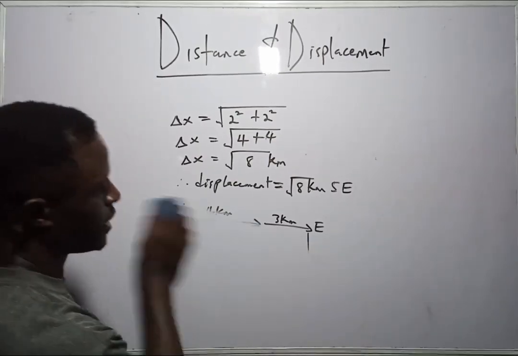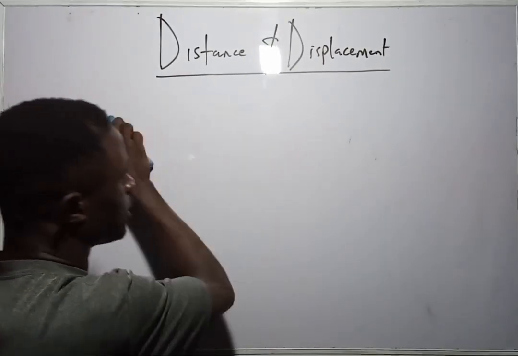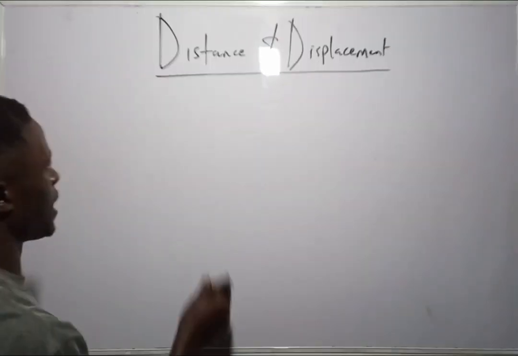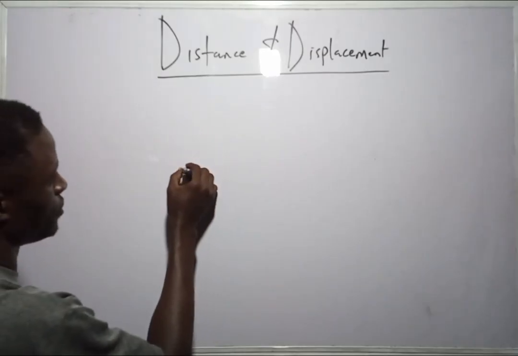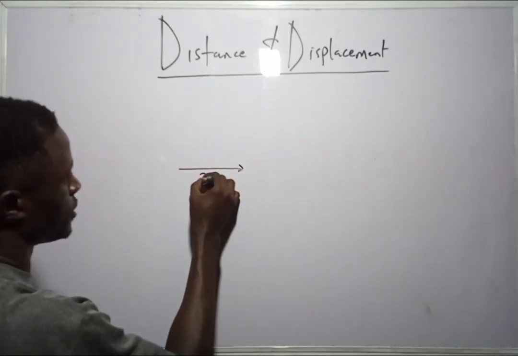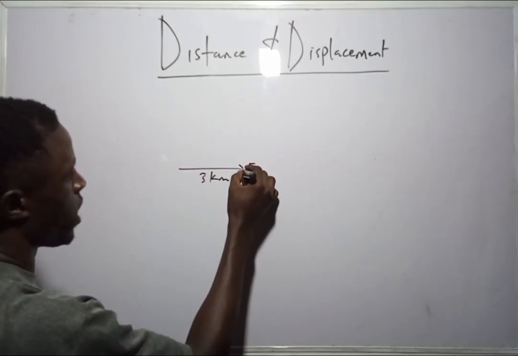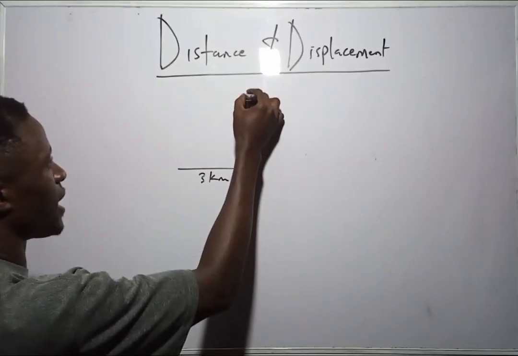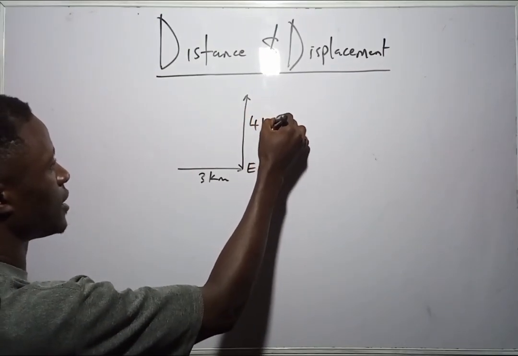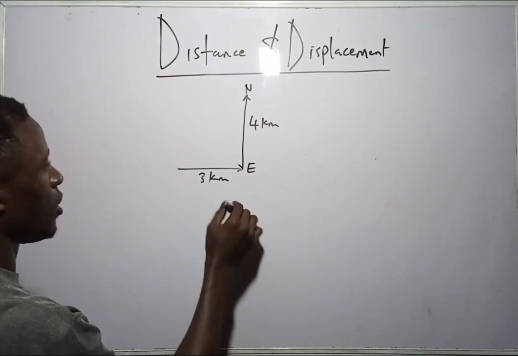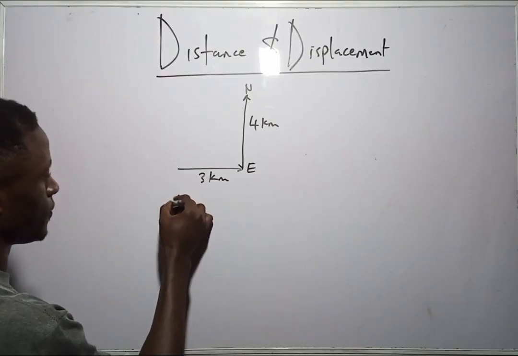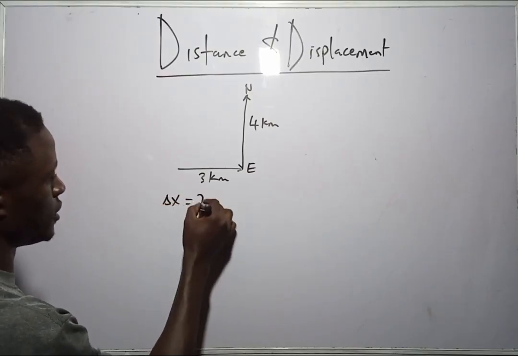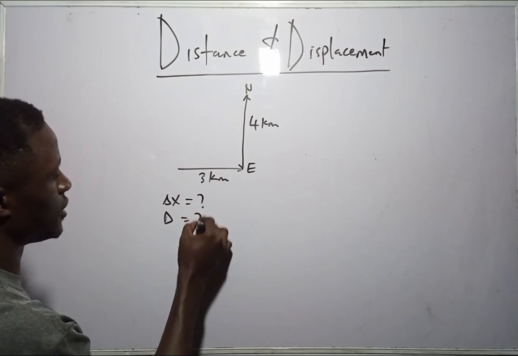So let me give you another instance. Let's assume that an object traveled 3 kilometers due east and then from that point traveled 4 kilometers due north. What is the displacement and what is the distance?